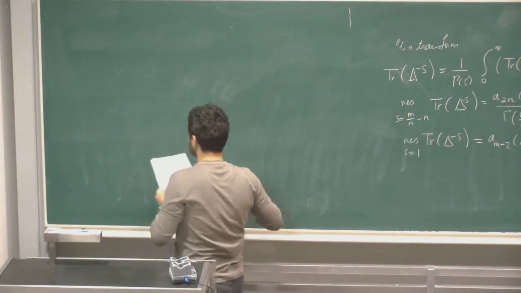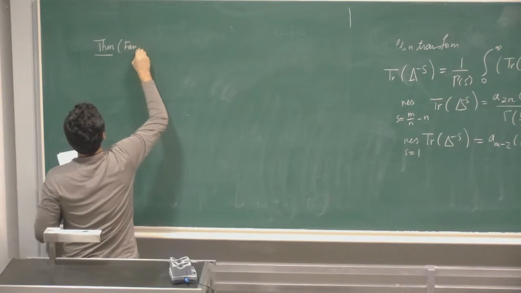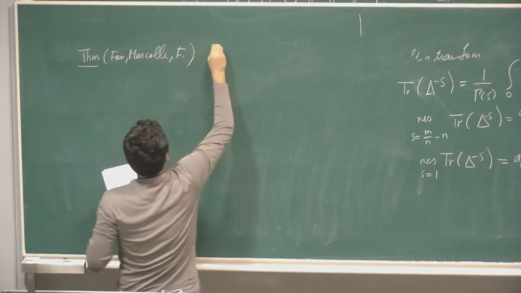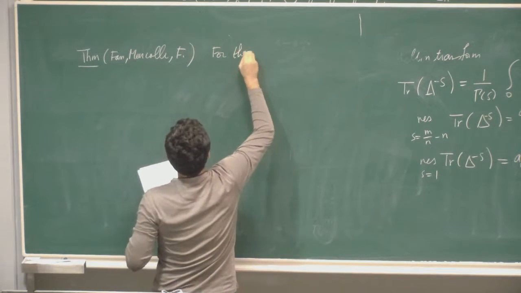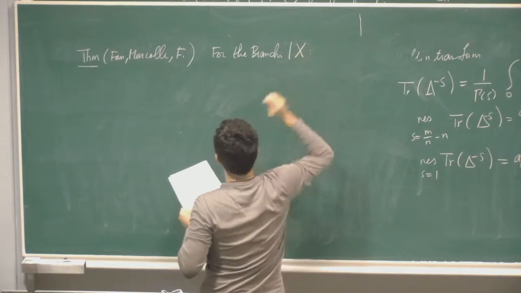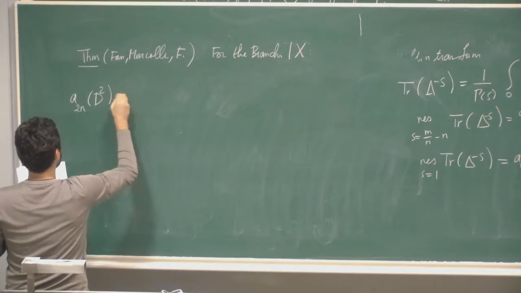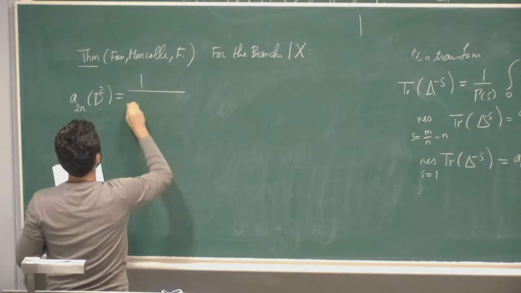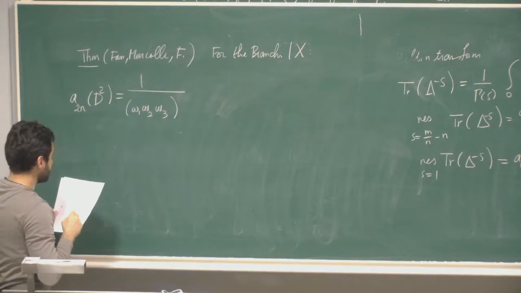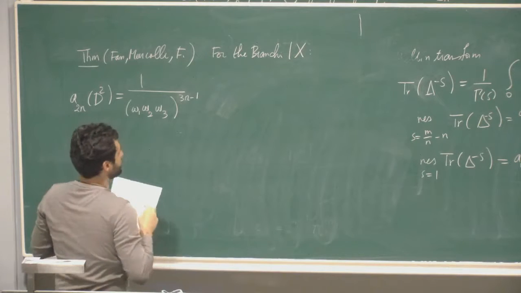So now let me explain the rationality result. For the Bianchi-9 metric, each Seeley-DeWitt coefficient is going to be given by an expression like this.